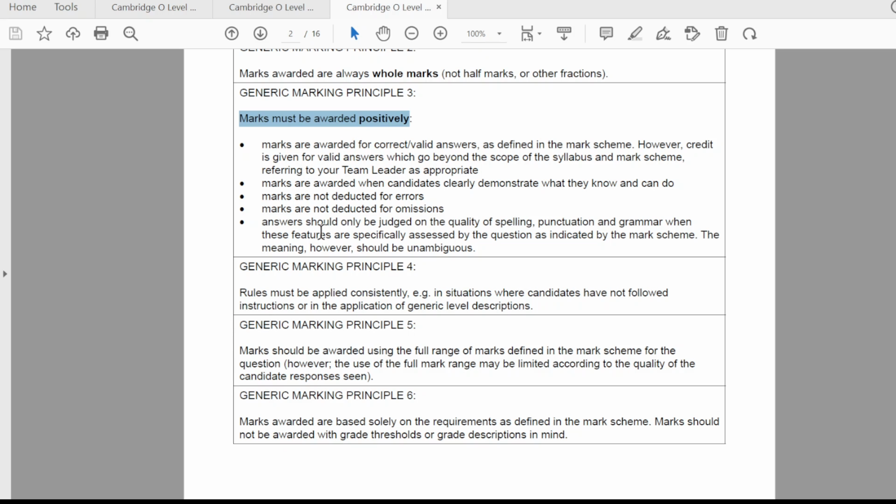And so I guided them towards the generic marking principle and clarified that Cambridge does not employ negative marking in their marking criteria, right? So marks are awarded for correct or valid answers, right, as defined in the marking scheme. However, credit is given for valid answers which go beyond the scope of the syllabus and marking scheme, referring to your team leader as appropriate.